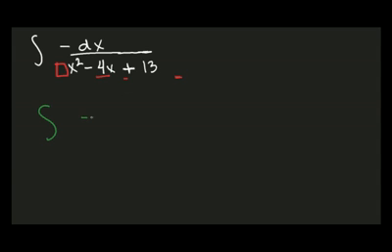So when I plug in, I'm going to have integral of negative dx over x squared minus 4x, and then plus 13 over here, left a little space. What's half of negative 4? Squared.